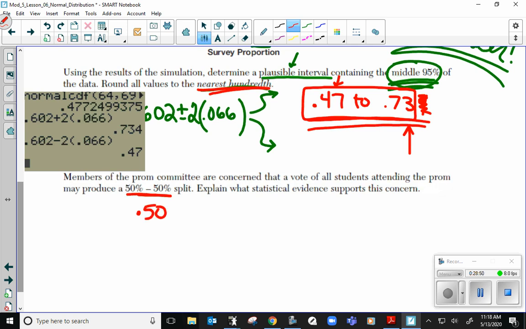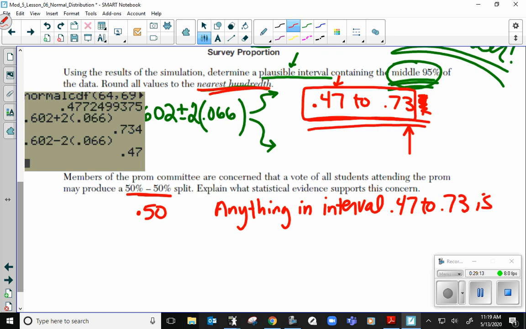So explain why the evidence we have supports that we might get a 50-50 split. Because anything in the interval of 0.47 to 0.73 is a good possibility. It's common, right? It's a good possibility.